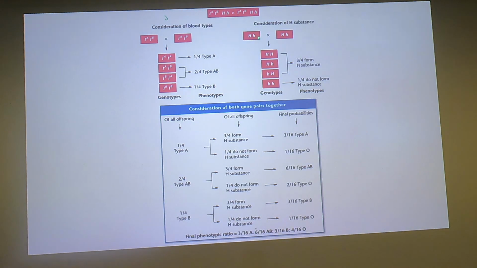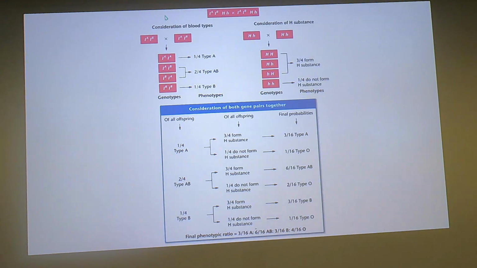So they're heterozygous for little h. And what that means is 3/4 of them are going to form that H substance, which will allow the other blood antigens to be expressed. And 1/4 will not make it, which means no matter what other antigens it could make, they won't see them. It will be obscured.